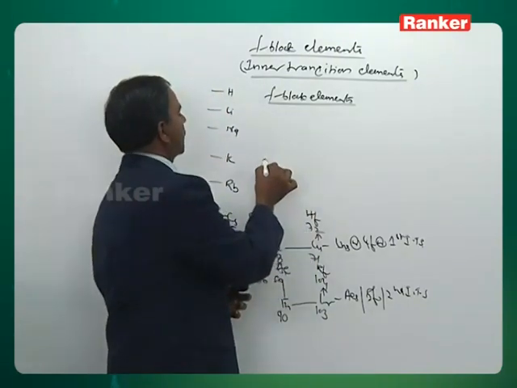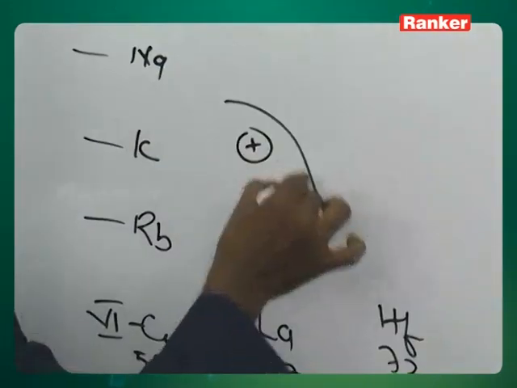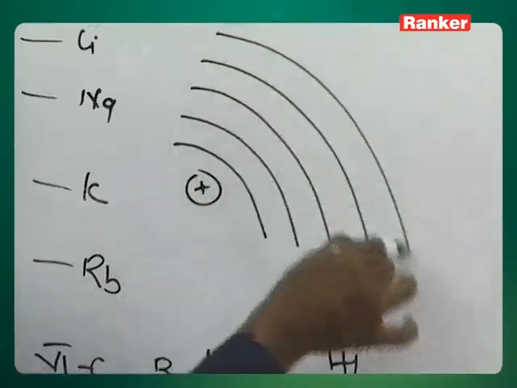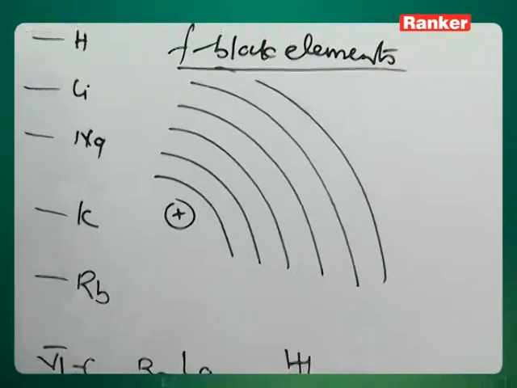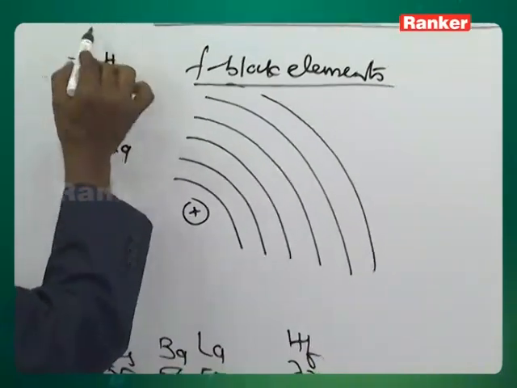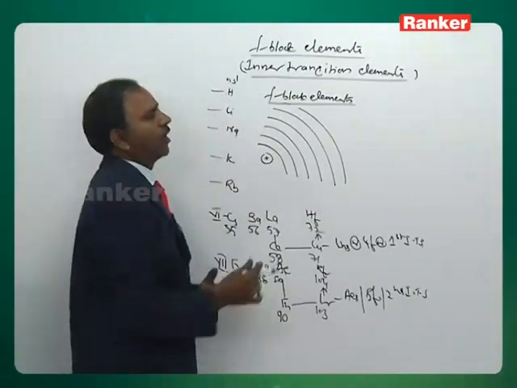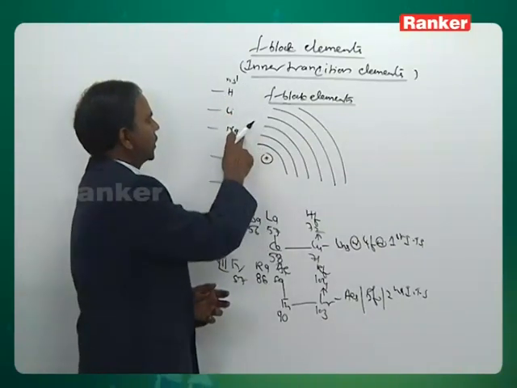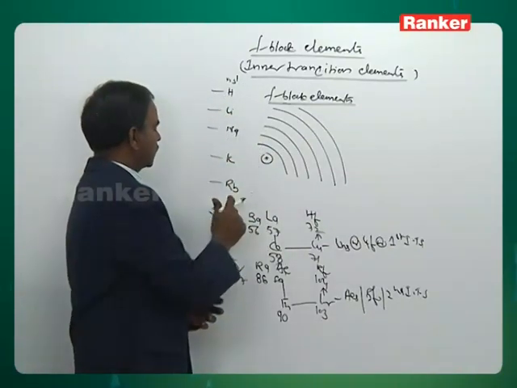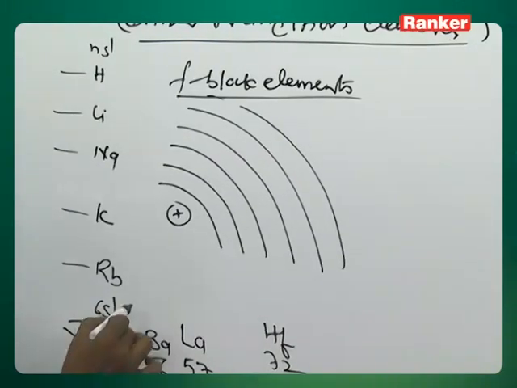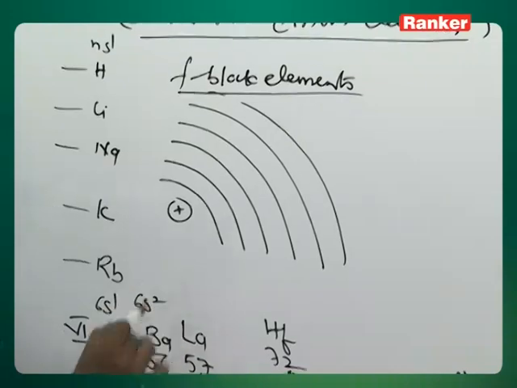Now first shell, second shell, third shell, fourth shell, fifth shell, and the 6th shell. Hydrogen, in the first group of elements, is ns1: 1s1, 2s1, 3s1, 4s1, 5s1, and this is coming to be 6s1. After 6s1, this one will be 6s2.